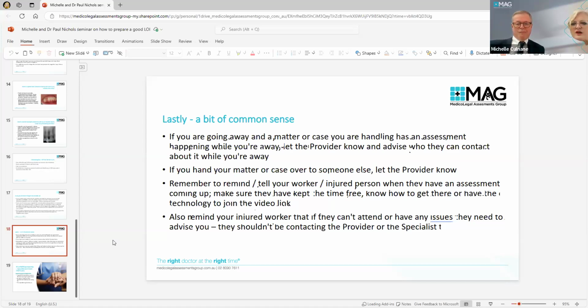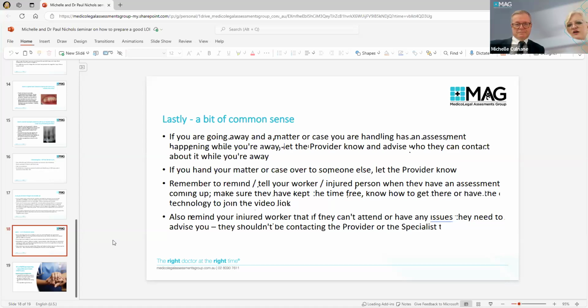We also get a lot of instances where the injured worker, client or claimant will send us documents and say, I gave these to my lawyer or case manager, but they told me they didn't want them, but I want the doctor to consider these. Now, we will always contact you when that happens, but you need to also be communicating with your client to let them know that you are their touch point, that you will coordinate all issues.